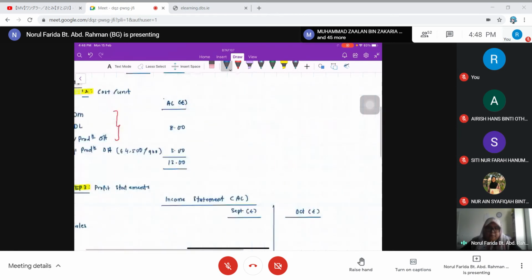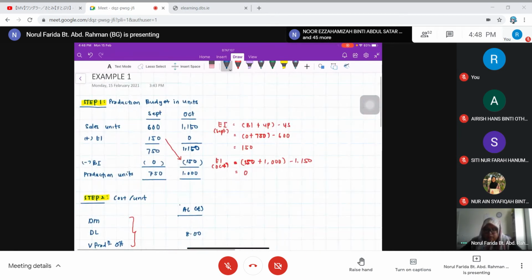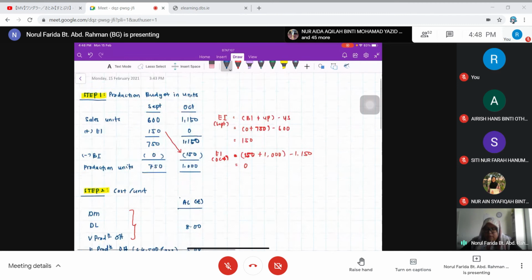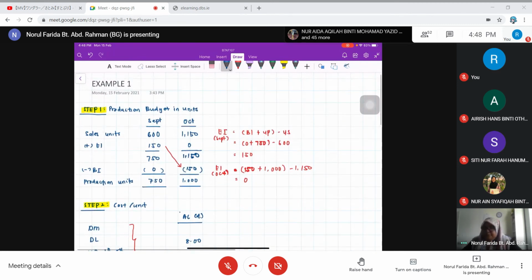Okay, you can refer back to the step 1. Itu function dia suruh buat sales unit, ending inventory, beginning inventory, production units tu sebab dia nak tahu berapa unit tu kat situ, for you to do the income statement tu nanti. So sales unit for September is 600 units. Alright.